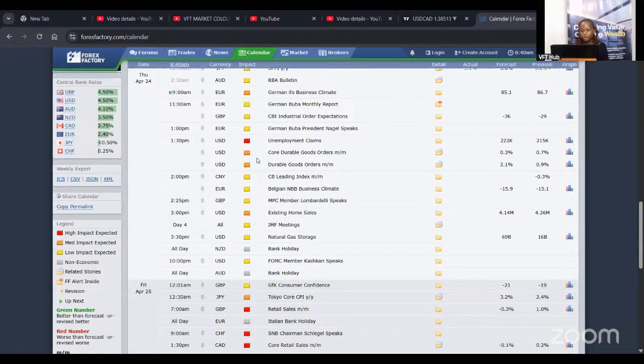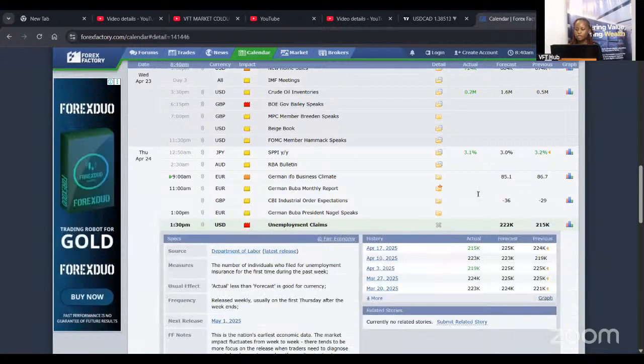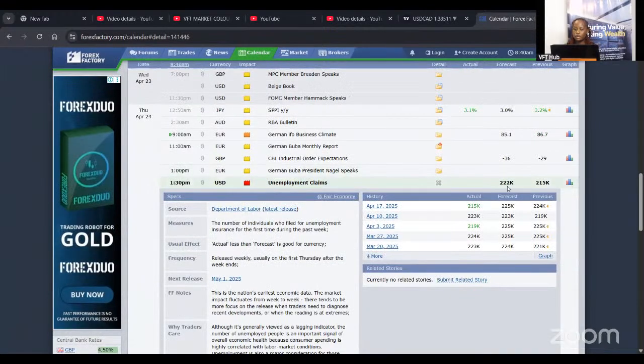So if unemployment claims comes out lower than forecasted, it generally indicates a stronger labor market. Let's look at that. For the sake of those of us who do not know how to read or understand fundamentals, you see this icon here that you could simply click on. So what is forecasted to come out is 22K, right?